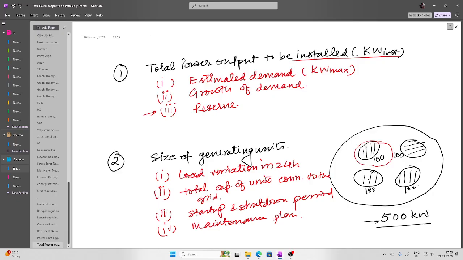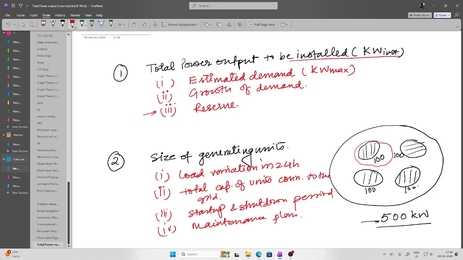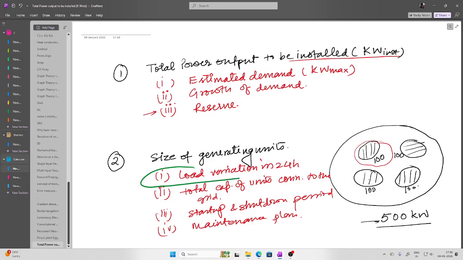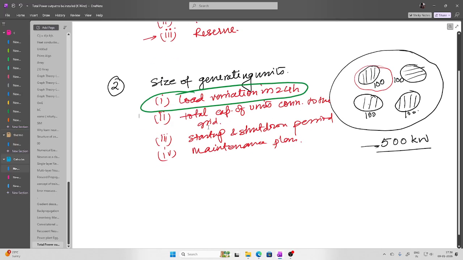So there are so many factors, and out of these factors, what I said, this is a very important factor: load variation. So basically, this is something which you should understand, and it is a very, very important tool, because this helps us in knowing the anatomy of power consumption.